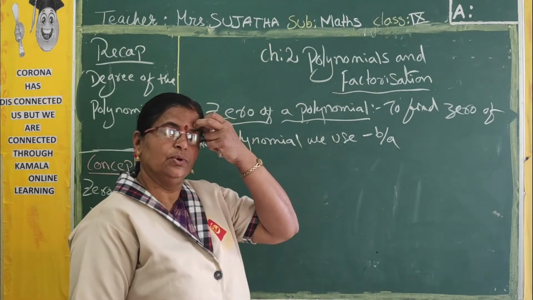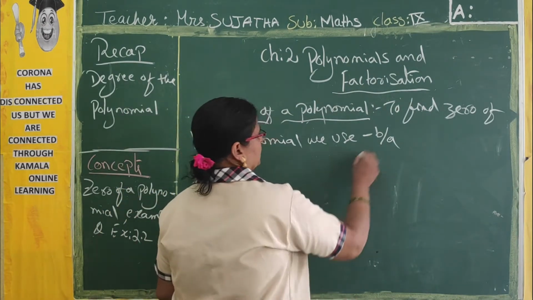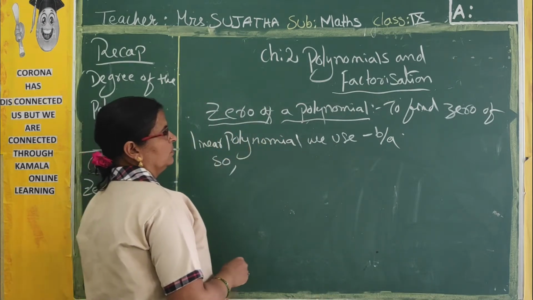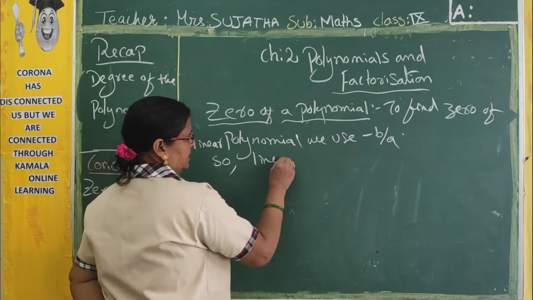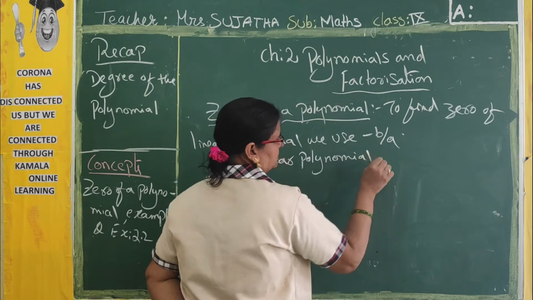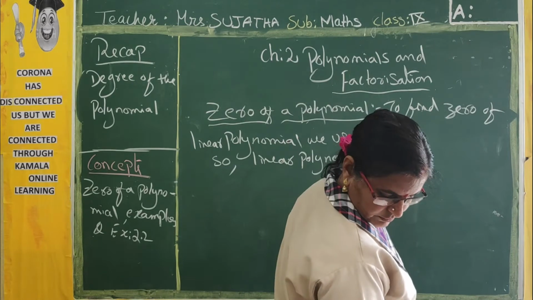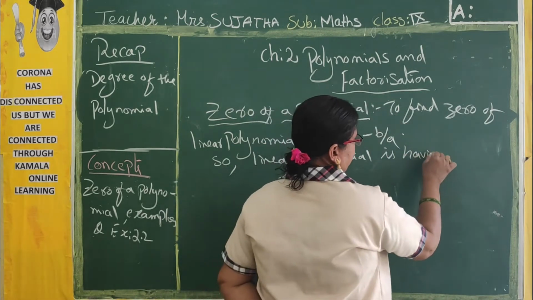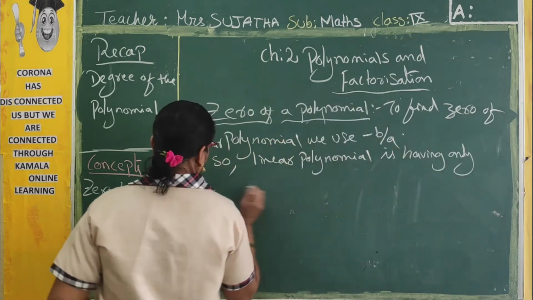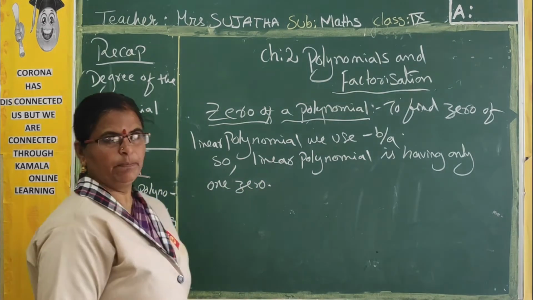If the value of the variable x is 0, use minus b by a. So a linear polynomial has only one zero. Okay, this is the zero of the polynomial.